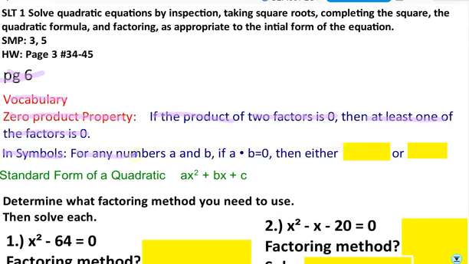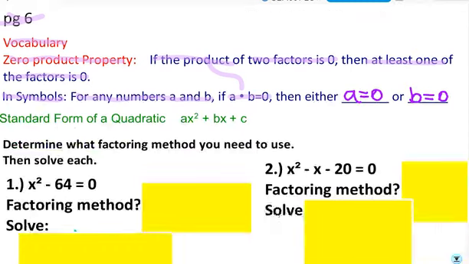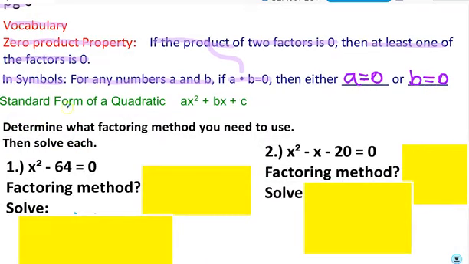For any numbers or factors A and B, if I multiply them, that's your product, and the answer is 0, that tells me either A has to be 0 or B has to be 0 in order for the answer to be 0. And in our factoring, we learn that this is the standard form of a quadratic equation, and the A, B, and C are our coefficients for each of the terms.